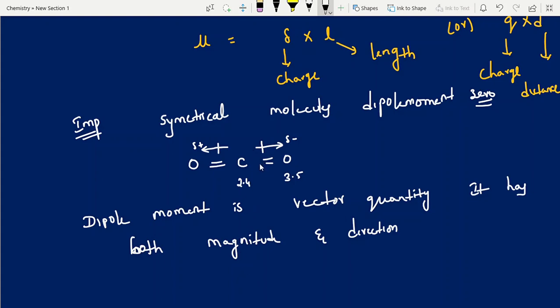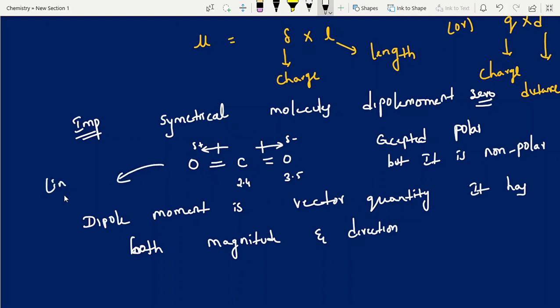See here, students, it seems to be two different electronegative atoms. We expected this case to be polar, but it is non-polar. What is the reason? Total angle. This is a linear molecule, right?